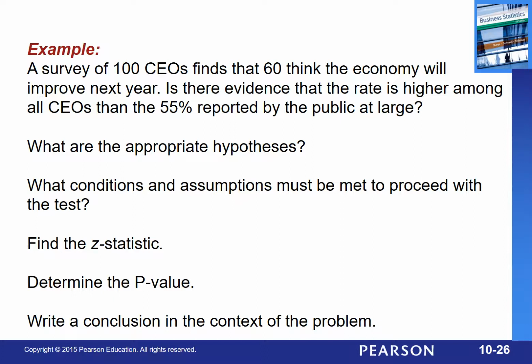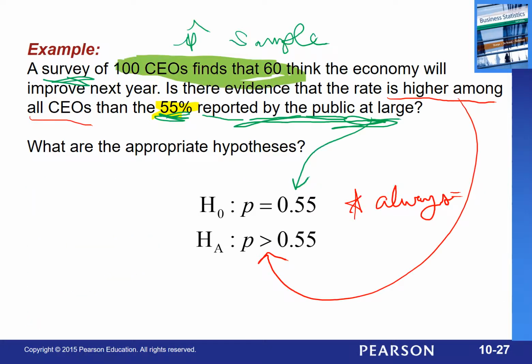So the first thing we're going to do is, what are the hypotheses? I really wish this would slide in, but it won't on this type of viewer. Oh well. So here's the thing. What we want to know is, is there evidence that the rate's higher among CEOs? Is it higher? That's what's pointing us to, oh, I want to know, is it bigger?